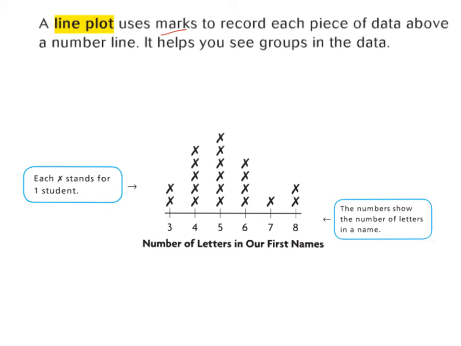So I would put it right on top of number 4. Now look how this line plot has changed. Now, because I have added my name to this line plot, the number of students or people who have 4 letters in their first name and those who have 5 letters in their first name is the same.